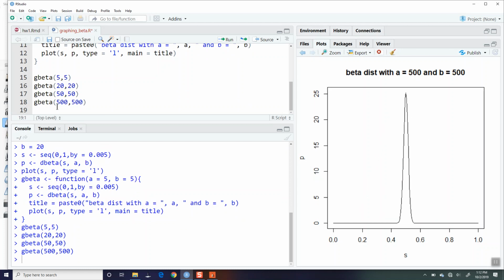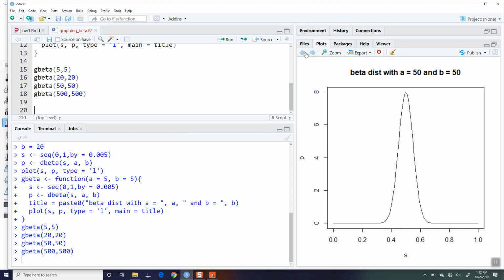Okay, and the output is always between 0 and 1, but as we go higher and higher, it gets thinner and thinner. And we can think of this as if we were drawing marbles out of the pouch and we drew 500 red and 500 blue, we can be pretty confident that the contents of the pouch is somewhere close to 50% red and 50% blue, okay?